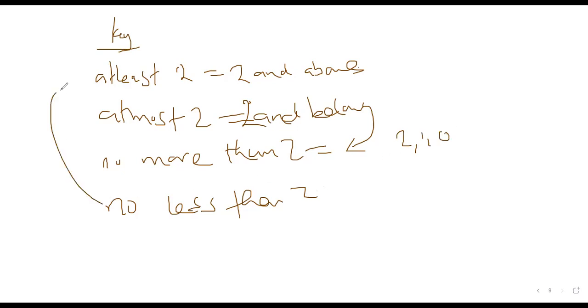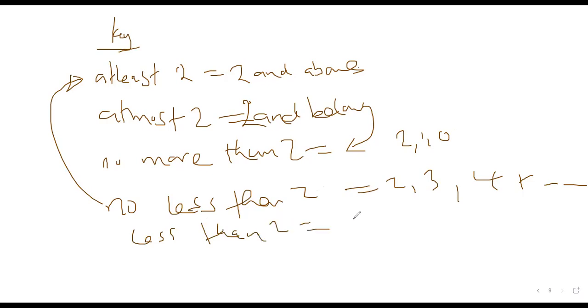No less than 2 is the same as at least 2. So meaning 2 should be the minimum. It's 2, 3, 4, that's above. Less than 2 means what? Below 2. Means 1, 0. Greater than 2 means what? Starting from 3, 4, 5, and above.